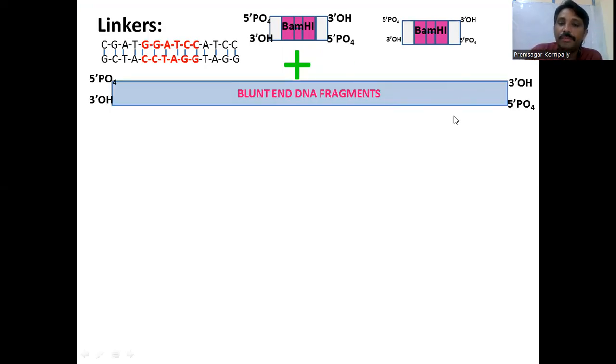Then you take the DNA molecule that is blunt-ended. It could be a DNA fragment or a cDNA molecule which has blunt ends. So when you mix the linkers at a higher concentration with the blunt-end DNA molecules and keep them for ligation.